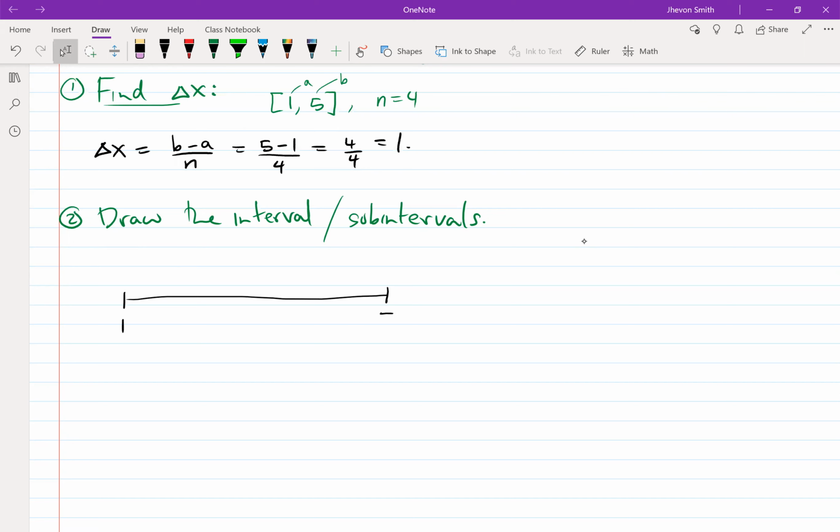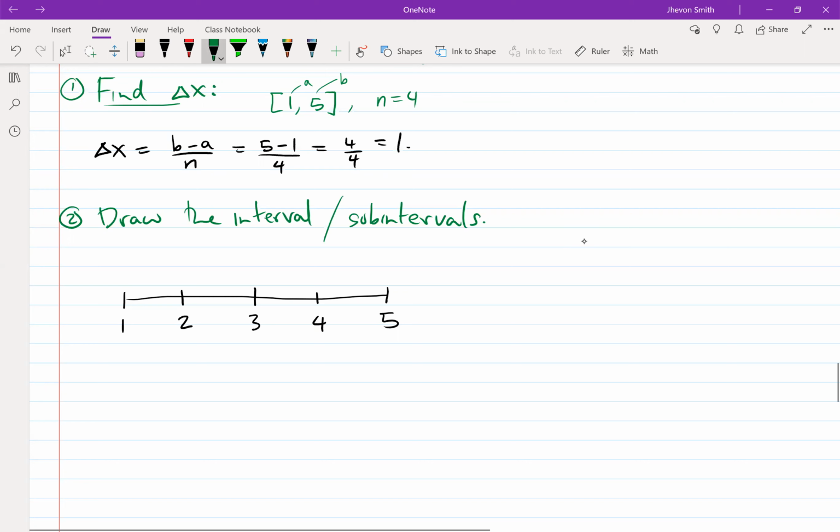Here's 1 to 5. I know I want to cut this up into 4 equal pieces. And I know that my delta x is 1, which means to get to the next piece, the length of this one thing is length 1. So to go from here to there, well, that would bring me to 2. Then I would jump units of 1 until I get to the end.